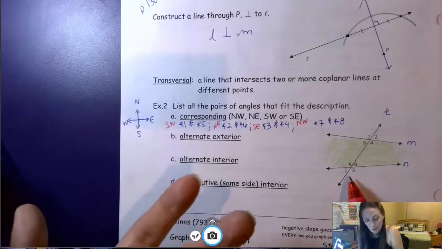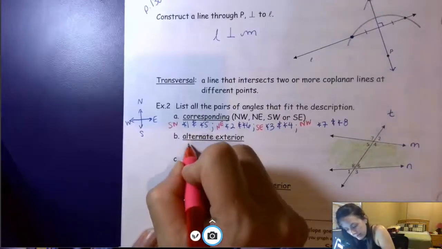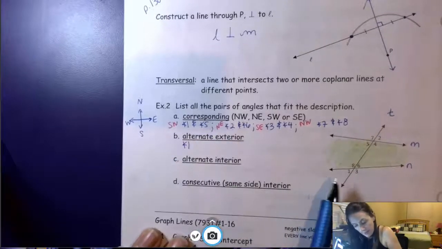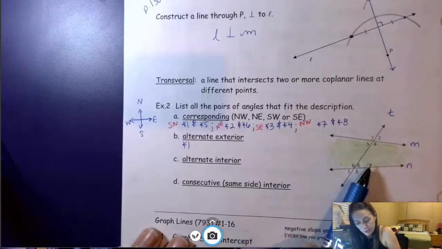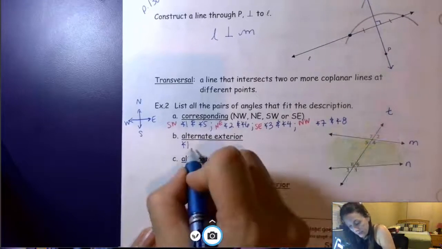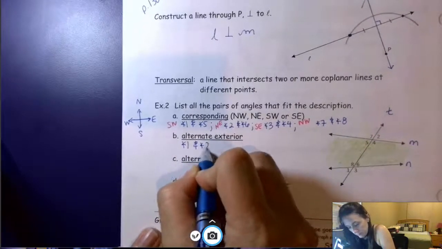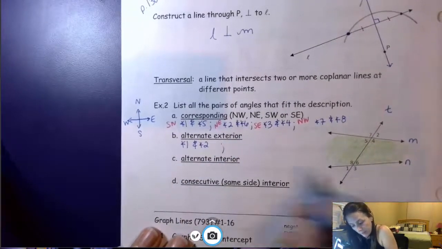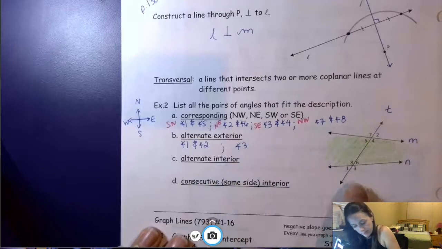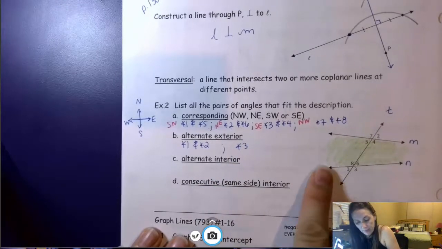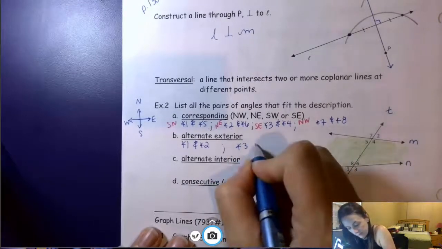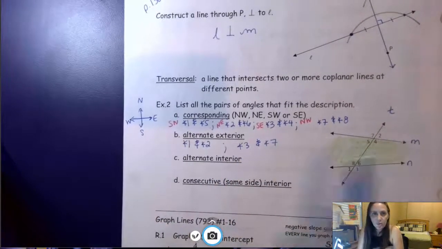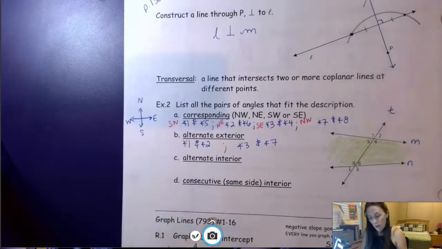We already know those are a linear pair. So I want alternate exterior of angle 1, and the alternate side of the transversal outside is going to be angle 2. The other outside is going to be angle 3. So angle 3 is outside. The other one that's the opposite outside is going to be angle 7. Again, not 7 and 2 because they're right next to each other. We already know that relationship.